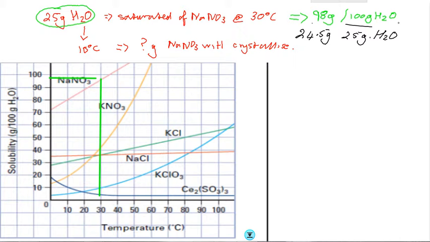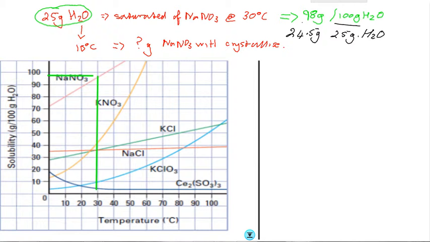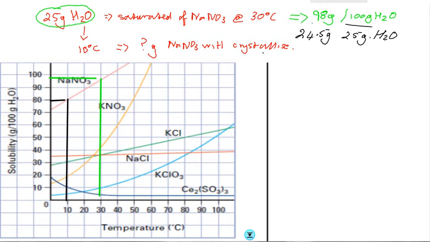Okay, so next question then is if we have 10 degrees Celsius. We'll do exactly the same thing. We'll take our 10 line, go up, and take it across, so at 10 degrees Celsius we would have 80.